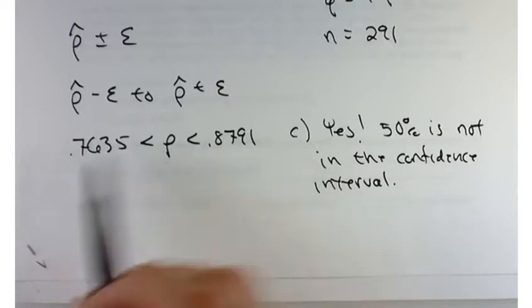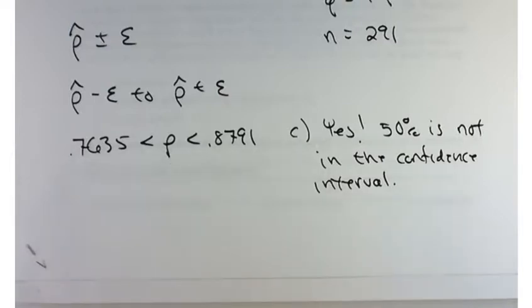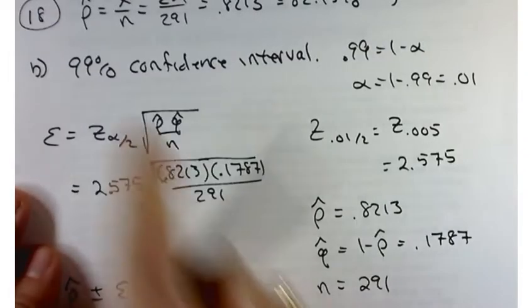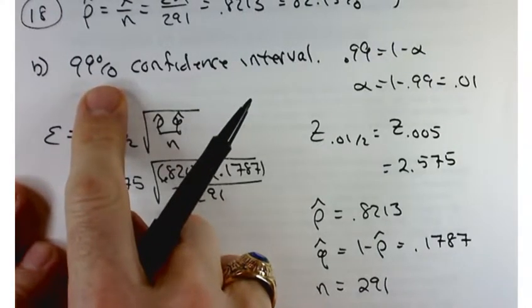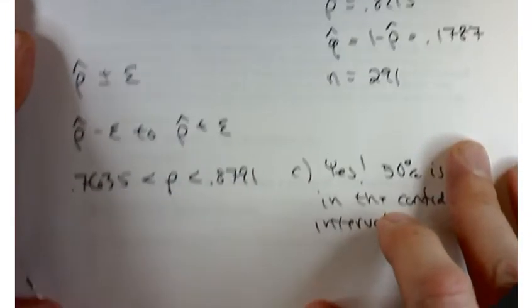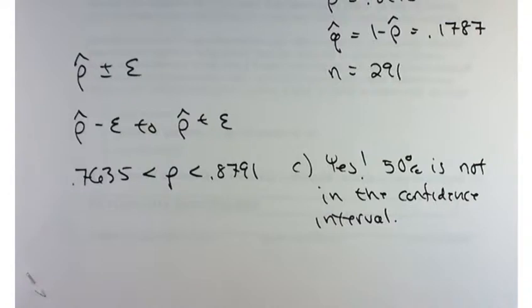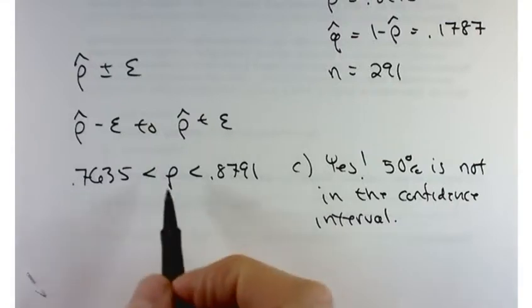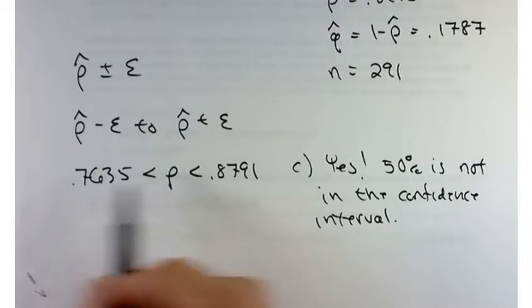There is one more peculiarity about this, and that's how we discuss this. We created this using a 99% level of confidence, an alpha of 0.01. It would be wrong to say that there's a 99% chance that our population parameter is in here.